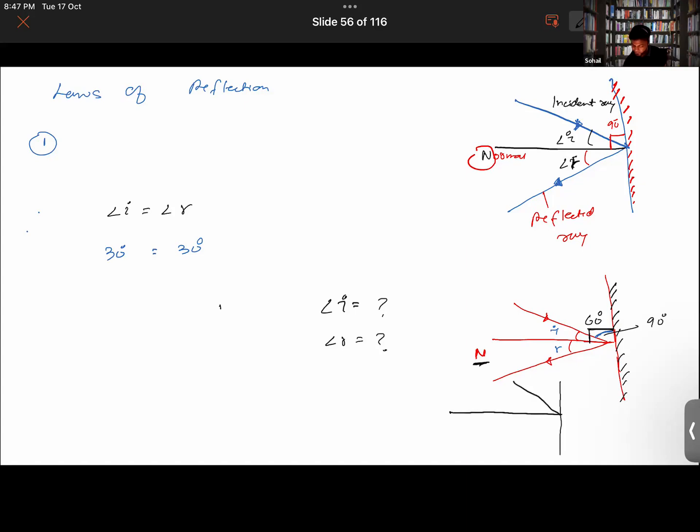We know that this much here is 60-degree and the whole angle measures 90-degree. So what about this angle here? Angle I will be equal to the whole angle minus 60-degree. That gives me 30-degree.